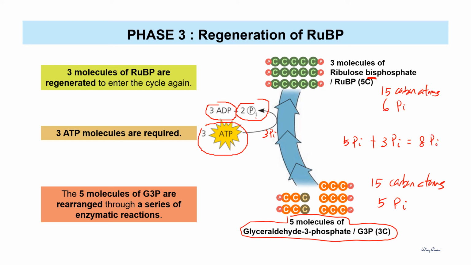But to become 6, they have to remove another 2. This is why the addition of inorganic phosphate groups comes together with the removal of 2 inorganic phosphate groups.